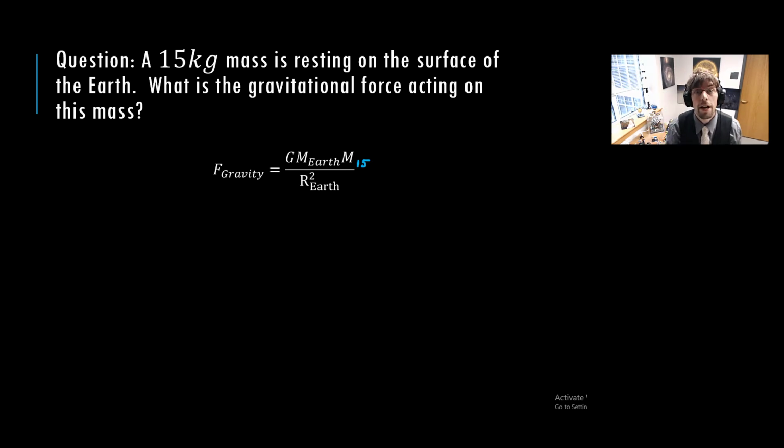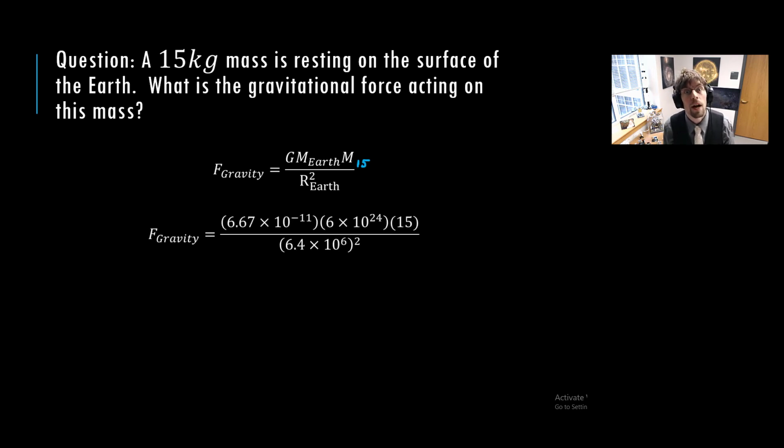Okay, so now we're in a position to substitute in some values. We have the gravitational constant, 6.67 times 10 to the negative 11th. Notice these units are newtons times meters squared over kilograms squared.